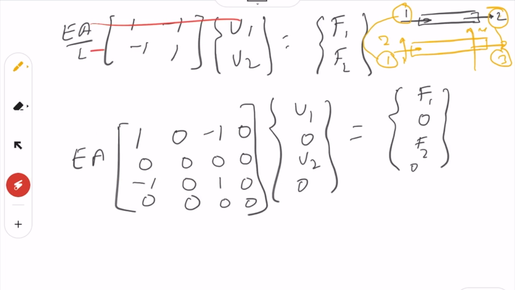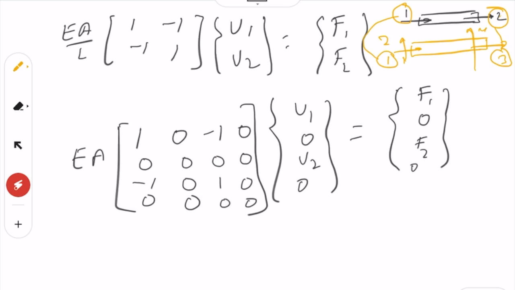So wherever you have 1 3 1 3, you have points 1 2 3 4. There you are going to put those simply, right? The way you assemble, same thing you can apply here.